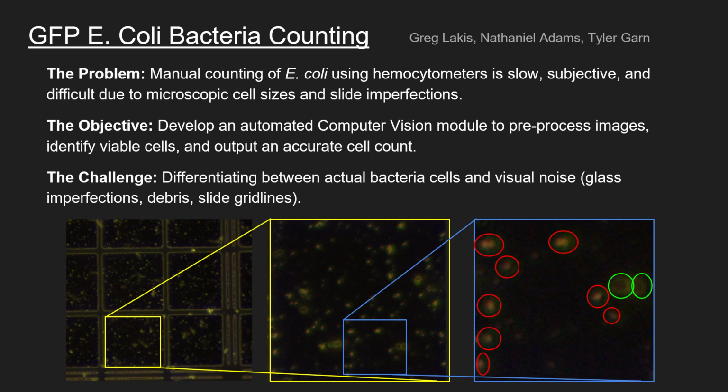Down below we see a little example of the pipeline from the left to the right: what a raw image someone might see when looking through the microscope, and then how we're going to crop that and process the image to then train the model to identify what is a cell and what is not.